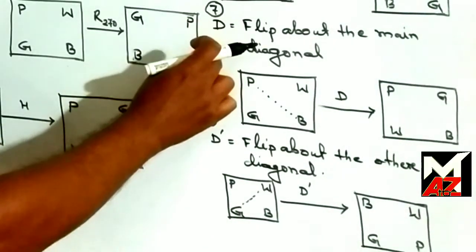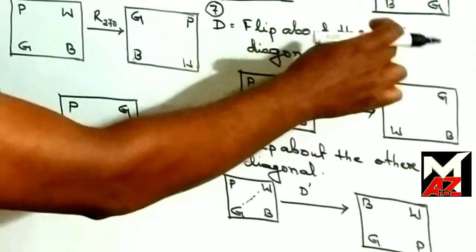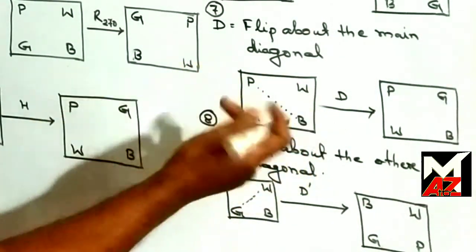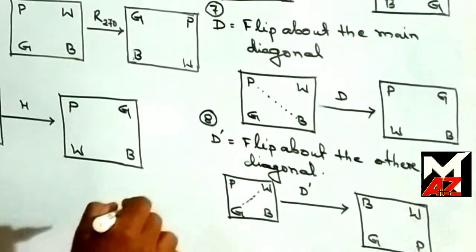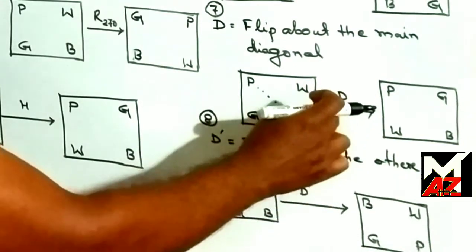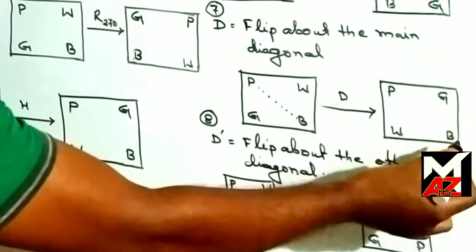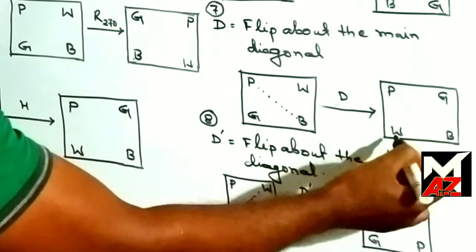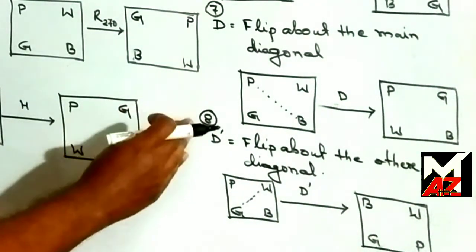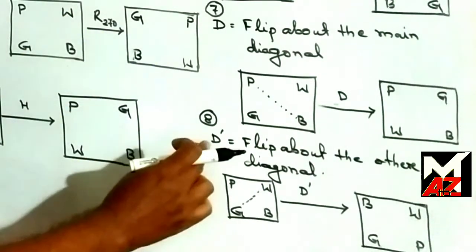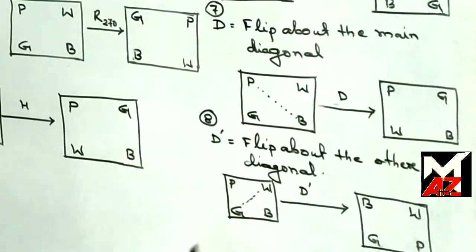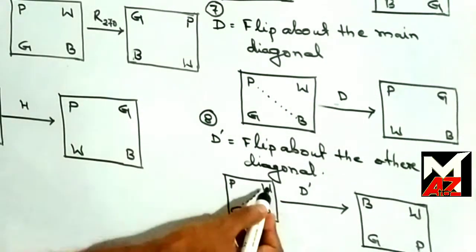In the seventh, D, the flip about the main diagonal, or principal diagonal, PWBG becomes PGBW; P and B stay the same, but W and G are alternated. And the last, the eighth, is D dash, the flip about the other diagonal, the off diagonal.